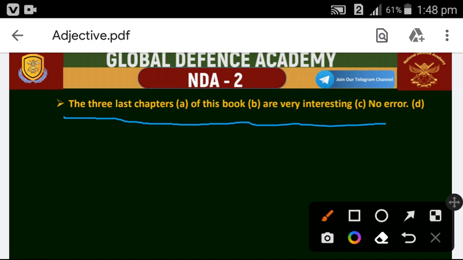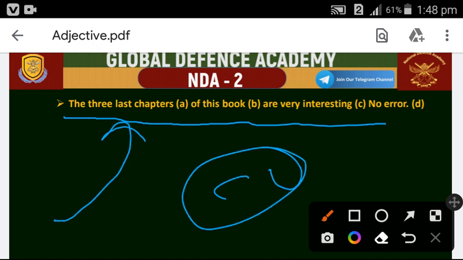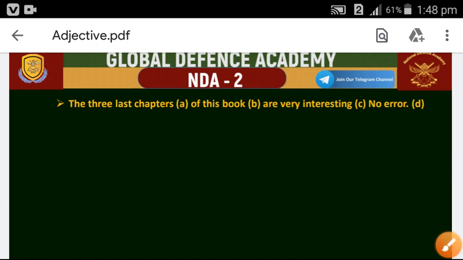What is the error here? The error is also going to be in section A. The error is again from the cardinal and ordinal concept.